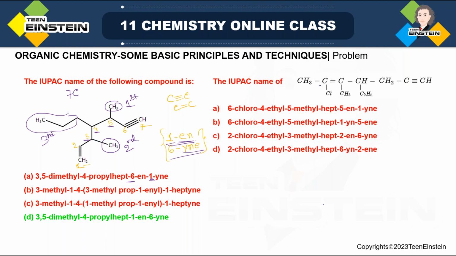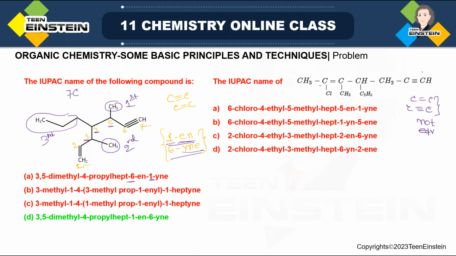But if I start from the right hand side, then the double bond will get a very high number. That means here the CC double bond and triple bond, their positions are not equivalent. So when their positions are not equivalent, we have to consider the rule of first point of difference.